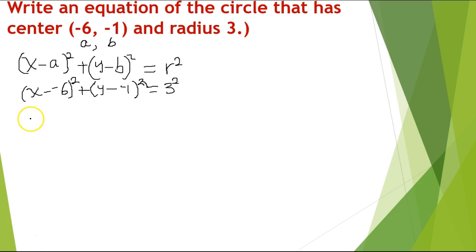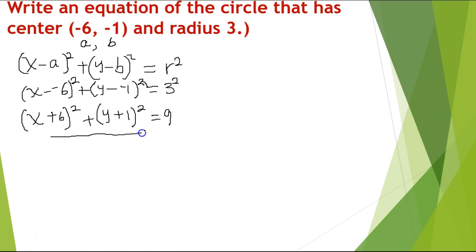Then we simplify. x plus 6, by going the other way, plus y plus 1 squared equals 3 times 3, which is 9. And this is the equation of that circle.